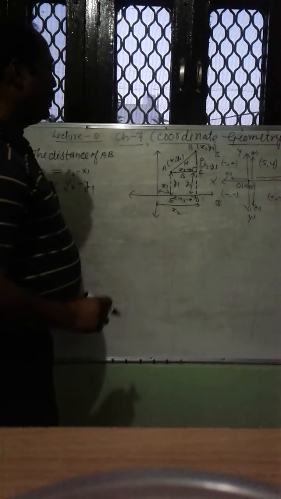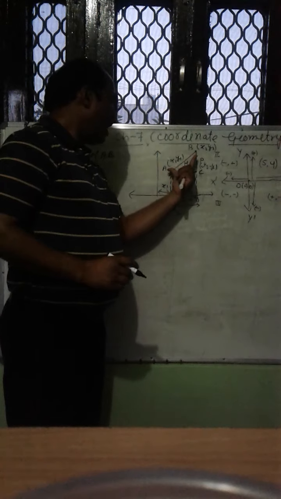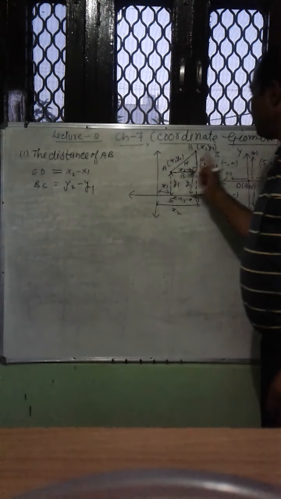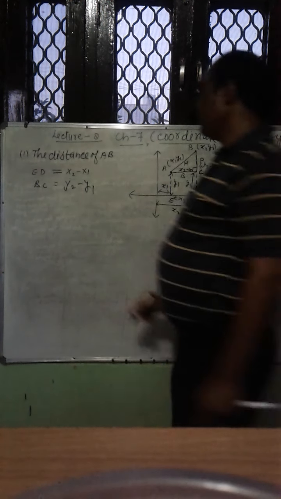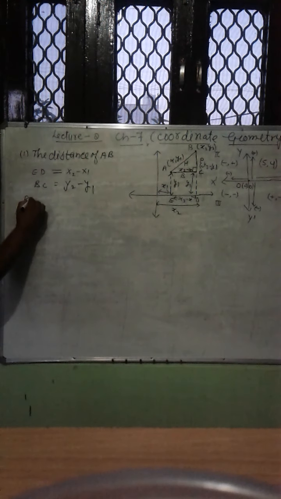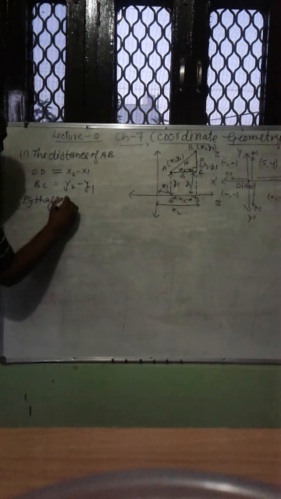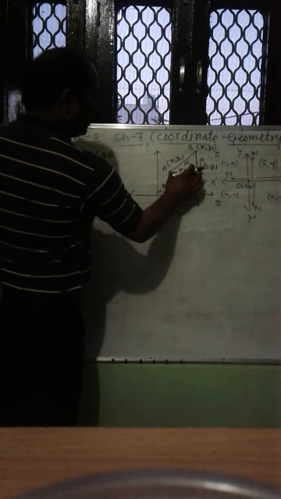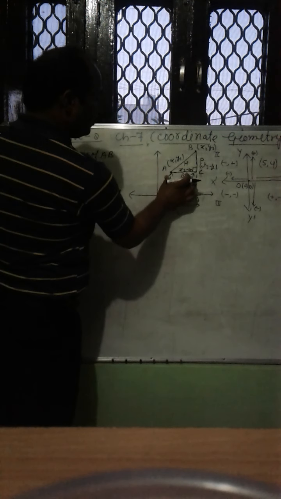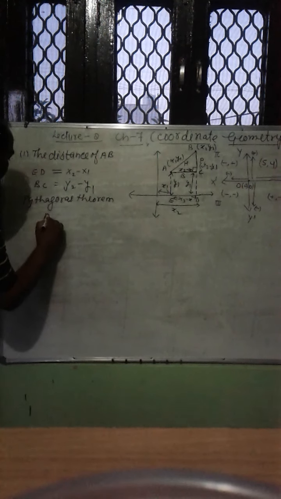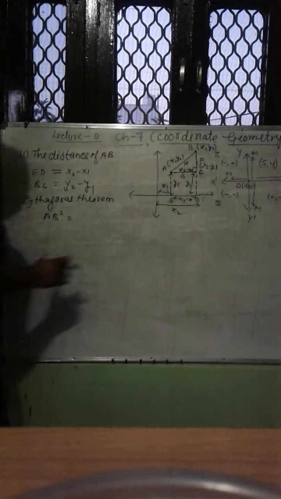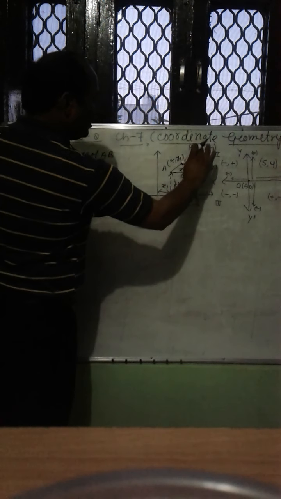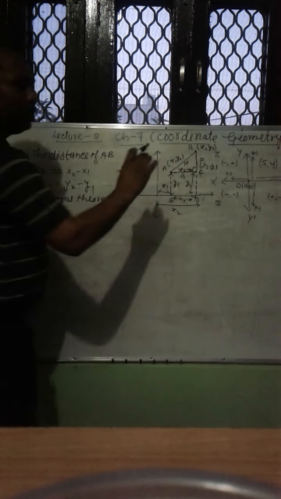But we need the distance AB. Now applying the Pythagoras theorem in this right angle triangle, AB square is equal to the square of the hypotenuse, which is equal to the sum of the squares of the other two sides.